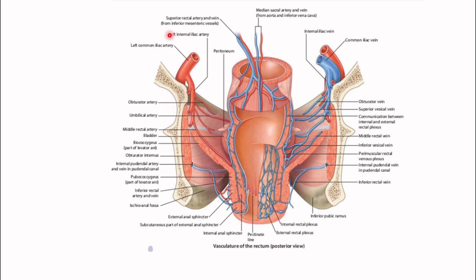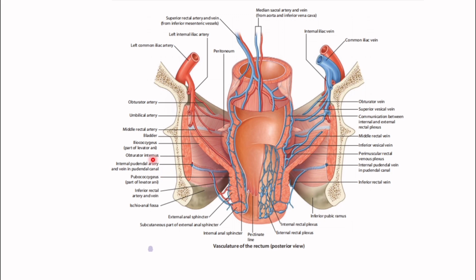The rectum also receives blood supply from the internal iliac artery, via the middle rectal artery. Then it also receives blood supply via the internal pudendal artery, which is a branch of the internal iliac artery.